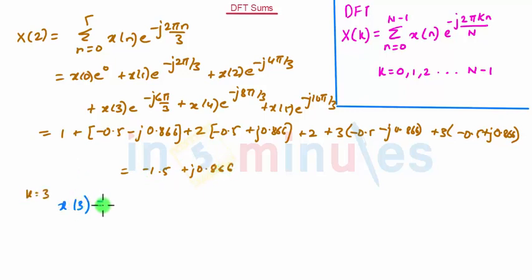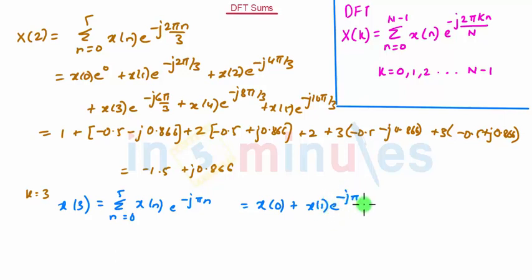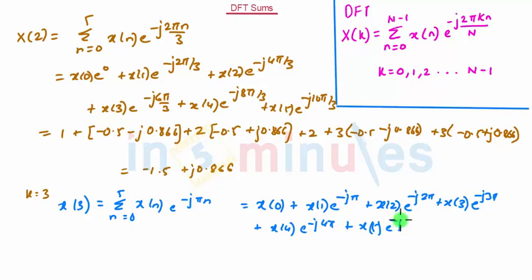X of 3 is equal to summation n is equal to 0 to 5 x of n e raised to minus j pi n. Now this is simple, as it turns out to be e raised to minus j pi n. So when we expand this, x of 0 plus x of 1 e raised to minus j pi plus x of 2 e raised to minus j 2 pi plus x of 3 e raised to minus j 3 pi plus x of 4 e raised to minus j 4 pi and finally x of 5 e raised to minus j 5 pi.